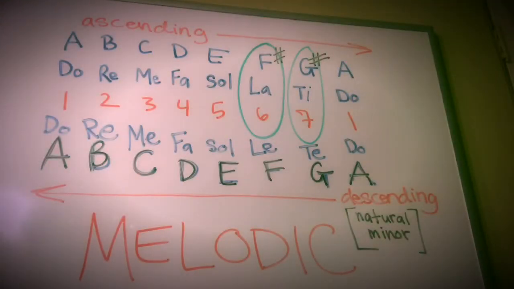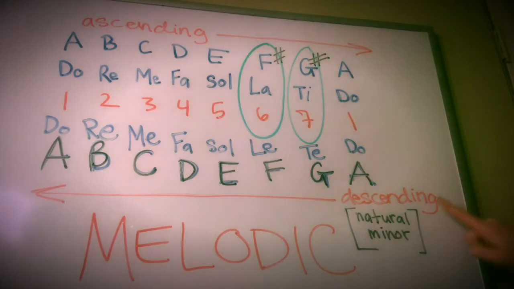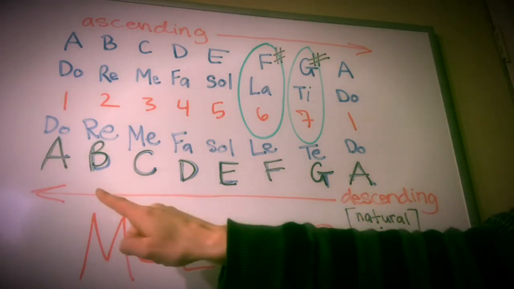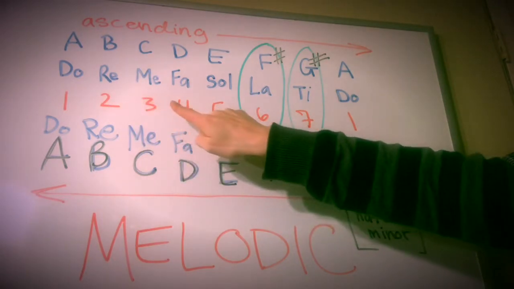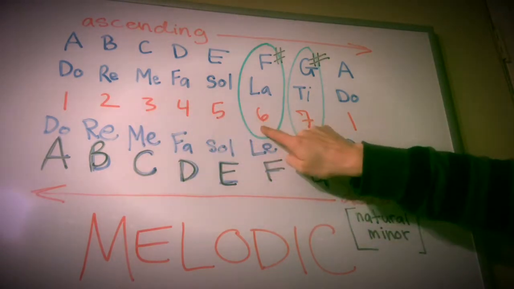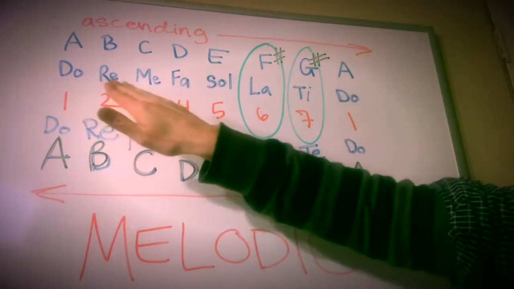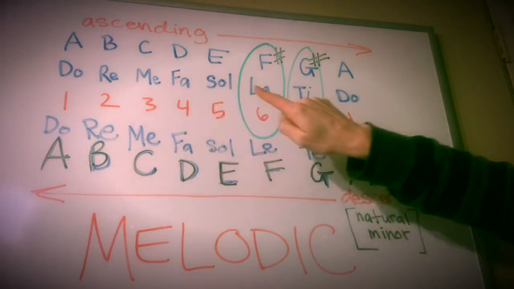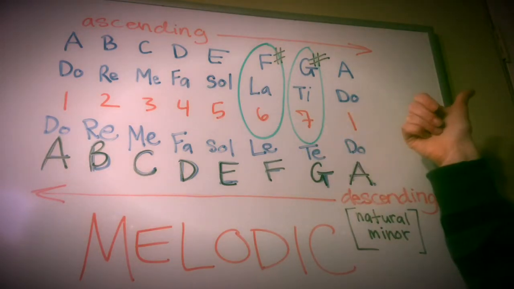Melodic minor gets a little trickier because it is different on the way up, ascending, than it is on the way down, descending. On the way up, the melodic minor takes the natural minor and raises the 6th and 7th degrees. So you have do, re, mi, fa, sol, la, ti, do, ascending.